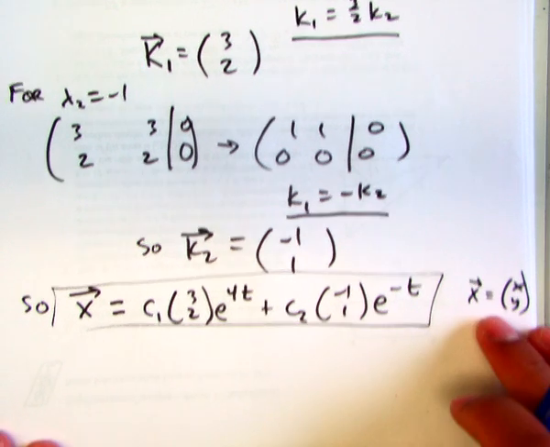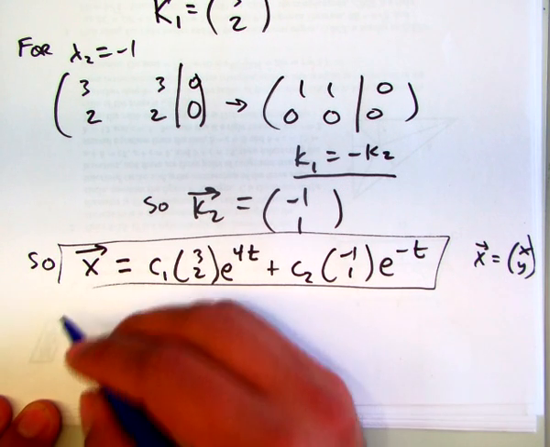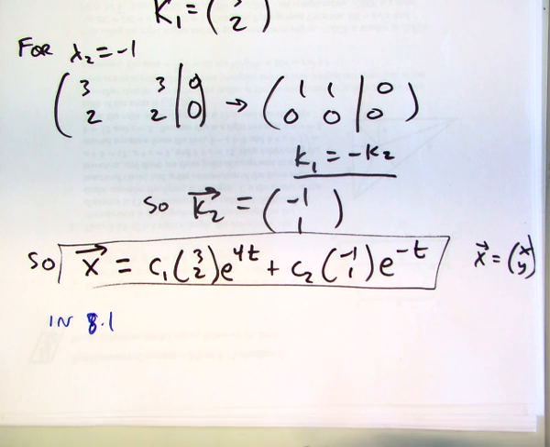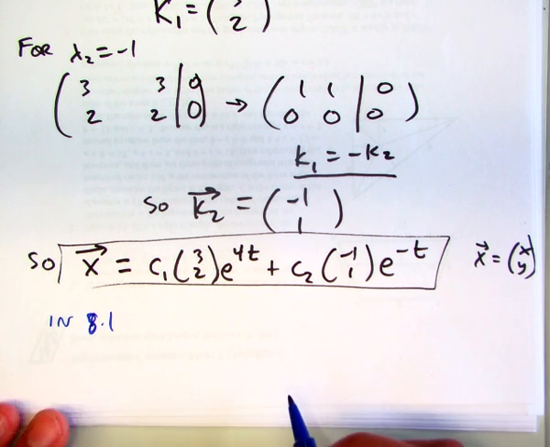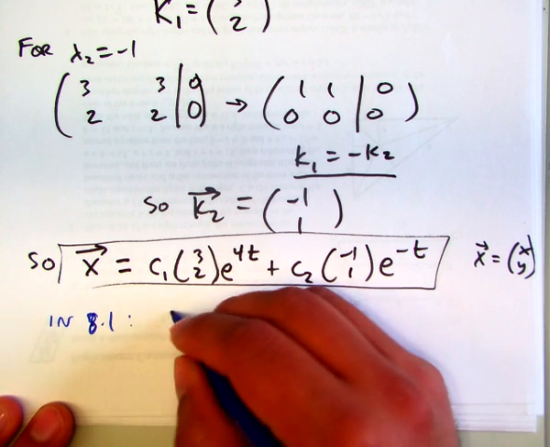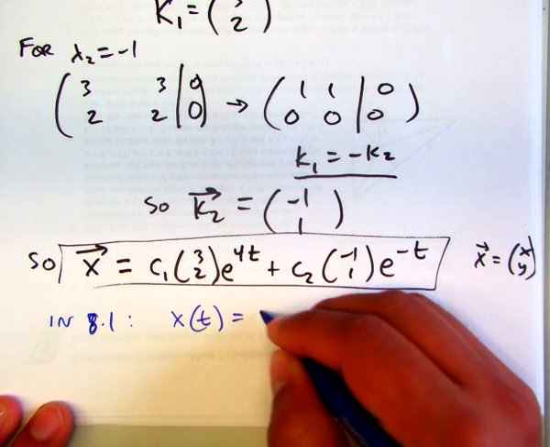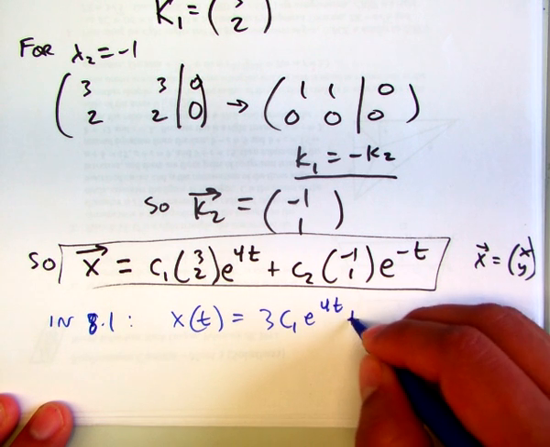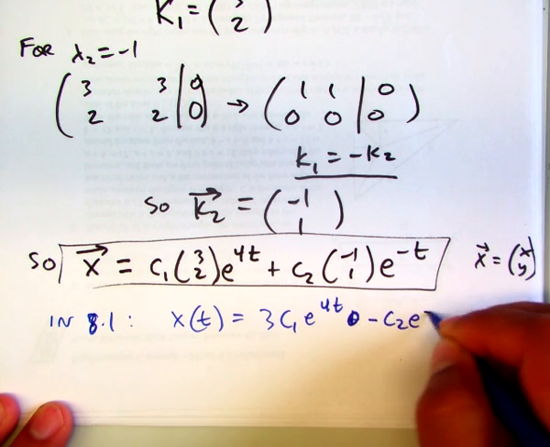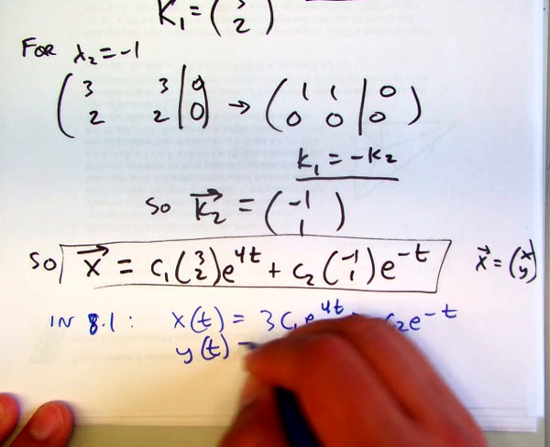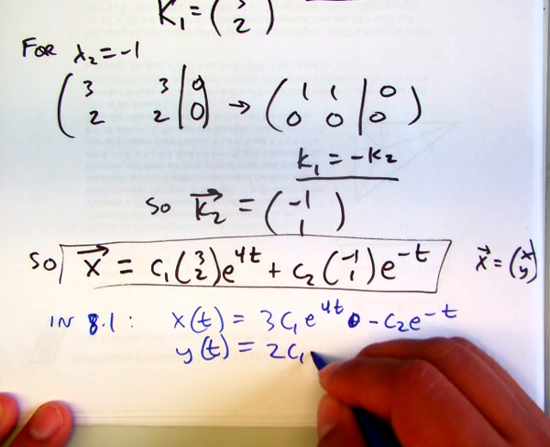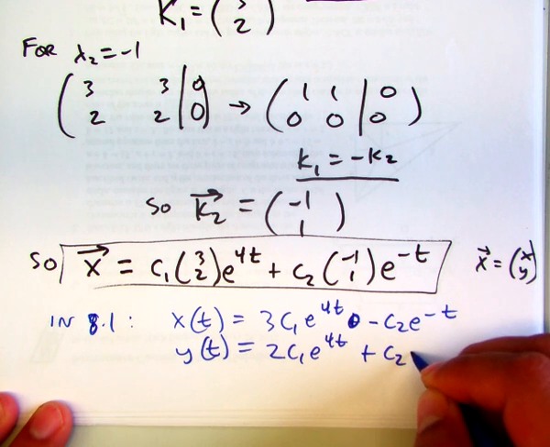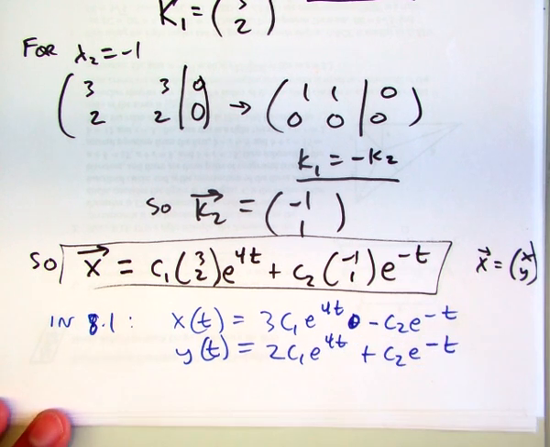Okay? Now, back in 8.1, we solved these systems another way. So just make sure that you haven't forgotten that this is the same as writing x of t equals 3 times c1 e to the 4t minus c2 e to the negative t, and then y of t would have been 2 c1 e to the 4t plus c2 e to the negative t.